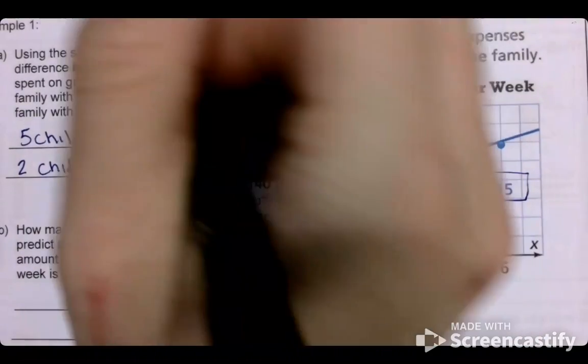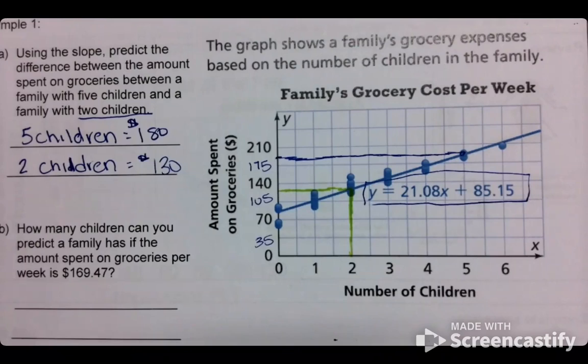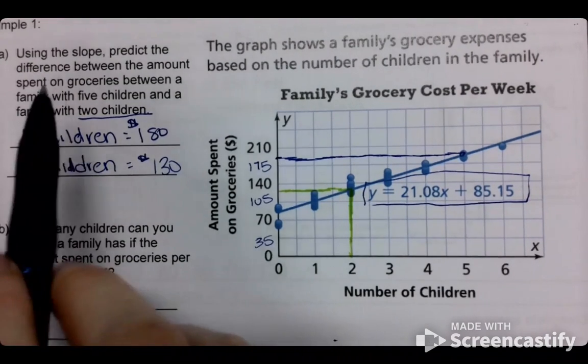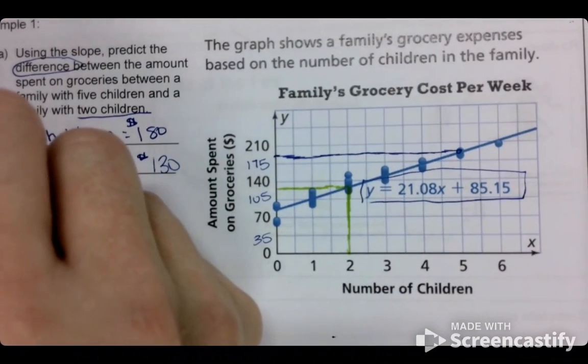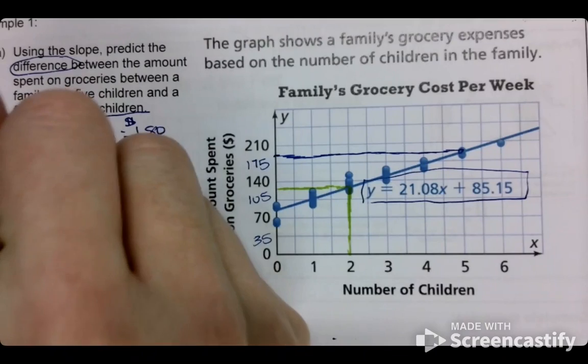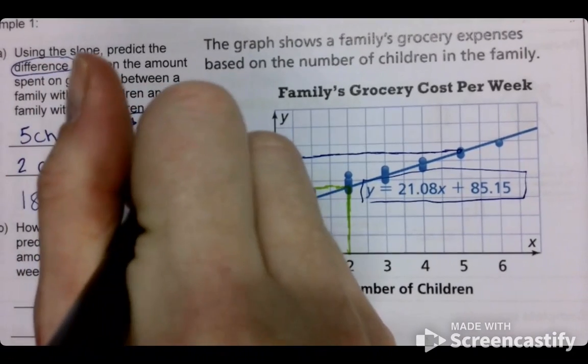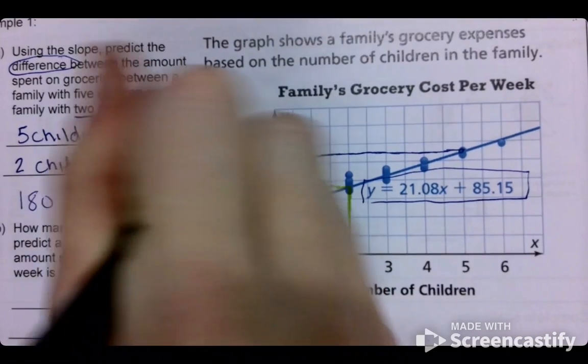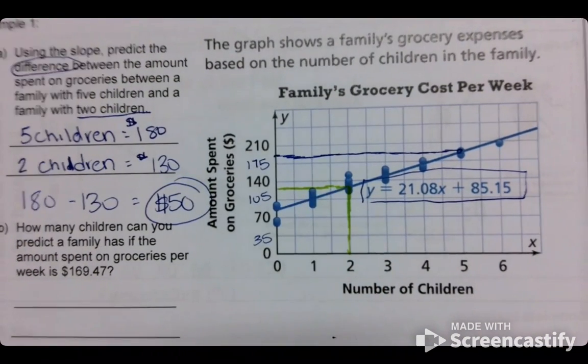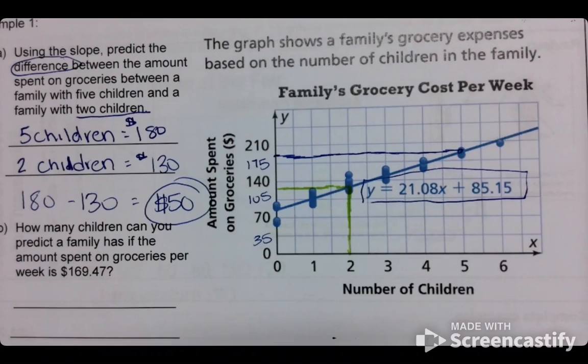This will most likely, for any test or quiz, be a lot of multiple choice. So again, as long as you're in the same range. So predict the difference. This does not answer the question. We need to do 180 minus 130. So the difference is how much? $50. Okay. All right. We'll go on to the next one.